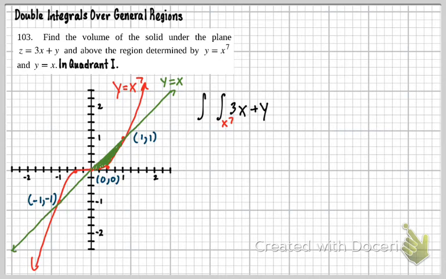Now again, notice what's really going on here. I'm talking about this change here. And that's what's going to give us our area, is that change. So that change is in the y direction. So we're actually looking at a dy. And that makes sense now that these would be functions of x. So that would be x to the 7th, and let me do the right color here. That would be x.